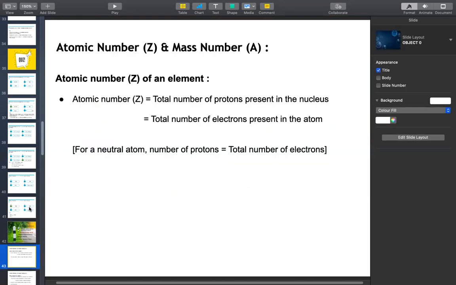Atomic number is the same as the number of protons in the nucleus, and for a neutral atom it is the number of electrons also. Copied? Copy it fast.